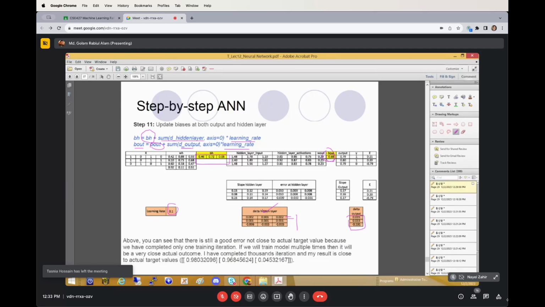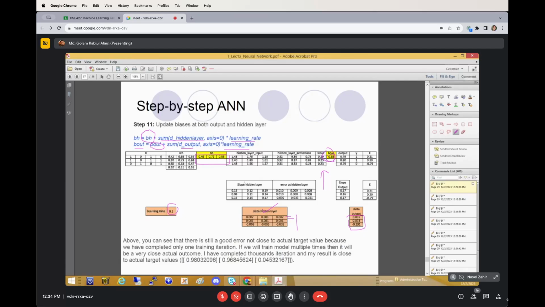So after the first iteration of forward and backward propagation, we got the updated bias and weights of the hidden layer, and the updated bias and weights of the output layer. We are ready for our next iteration.